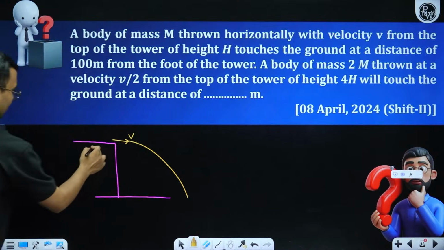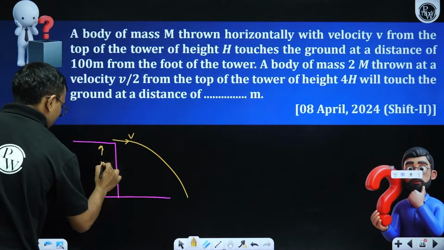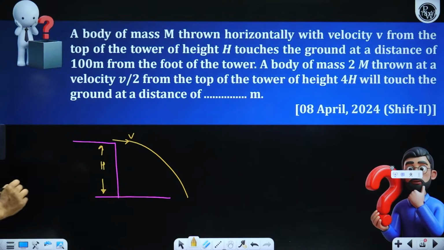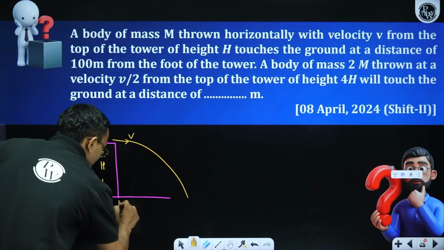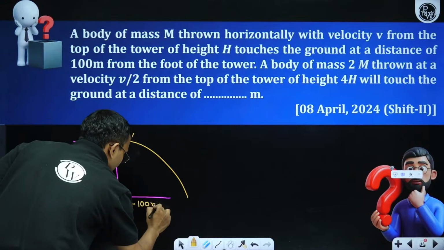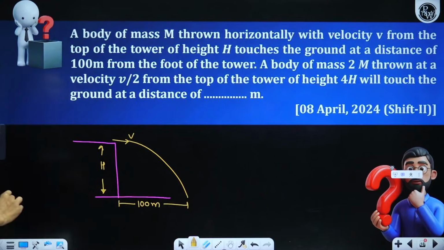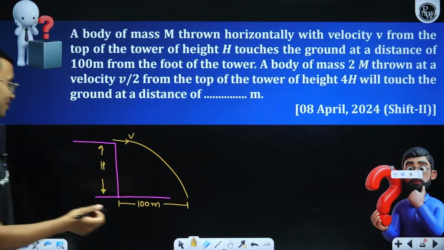The height is given as h. Then it touches the ground at a distance 100 meter from the foot of the tower. Then a body of mass 2m thrown at velocity v by 2 from the top of the tower of height 4h will touch the ground at what distance?